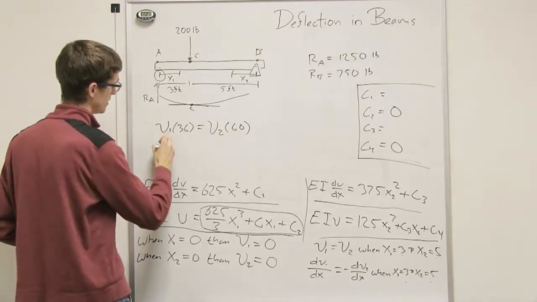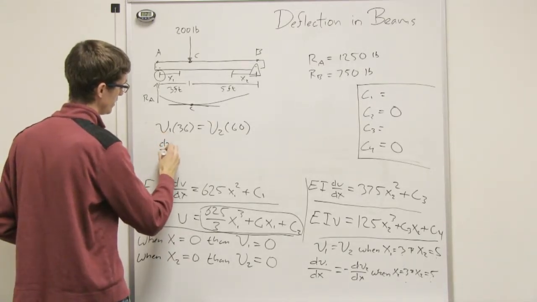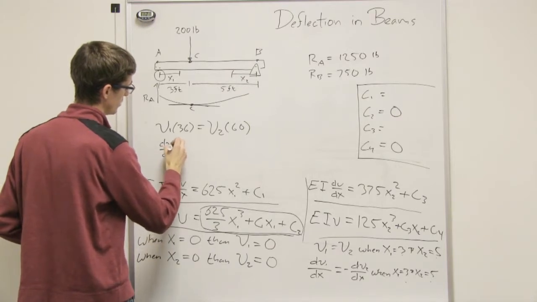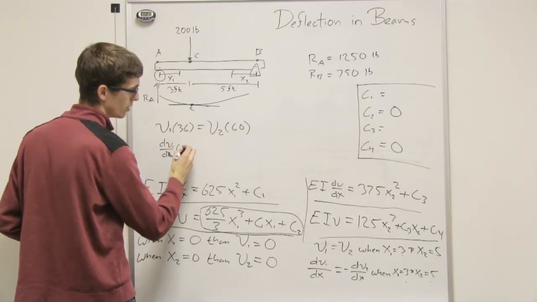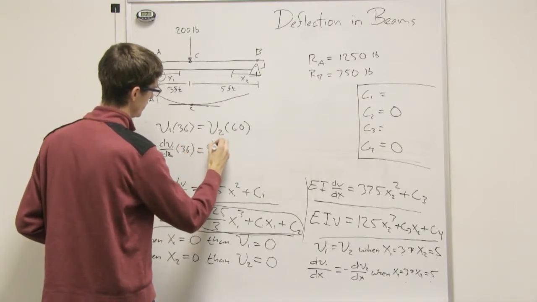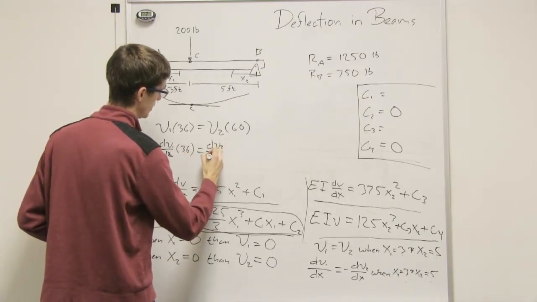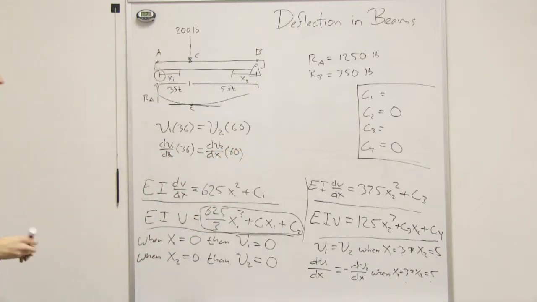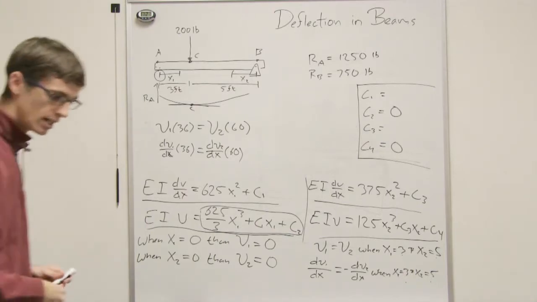And dv1/dx when x equals 36 is equal to dv2/dx when x equals 60. Cool. You can then solve for c using whatever method you like.